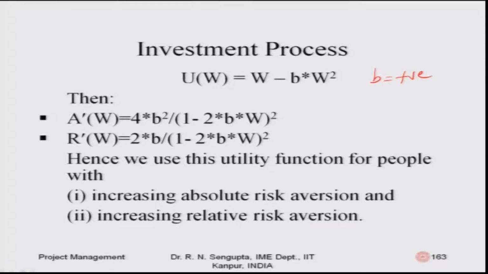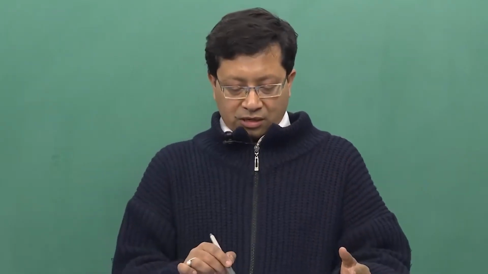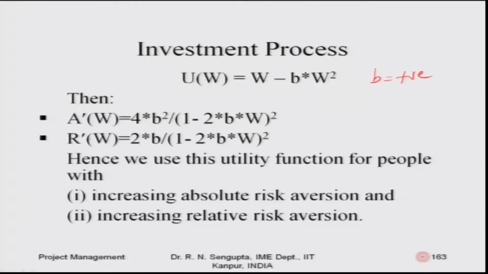If b was negative, hypothetically, then a prime would still always be positive because it is a square, so it would always have an increasing absolute risk aversion property. But if b was negative, then the numerator on the right hand side of r prime would be negative, hence it would have a decreasing risk aversion property.